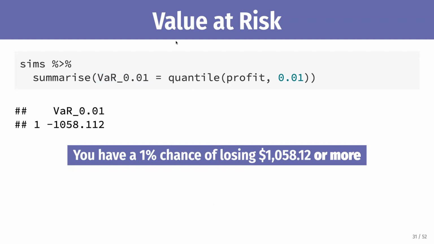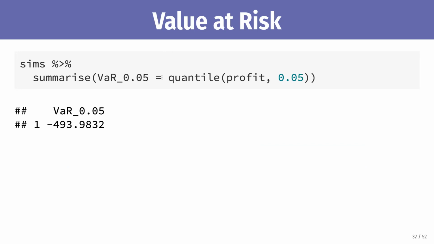So this means that, assuming that you had rented 25 units, you have a 1% chance of losing $1,000 or more. And this "or more" is important because you could lose more than $1,000. It basically says you have a 1% chance of losing at least $1,058.12.